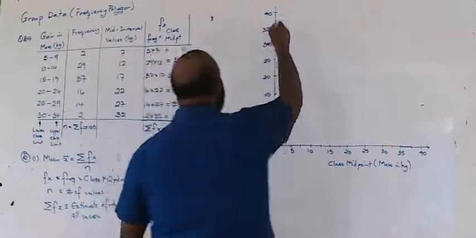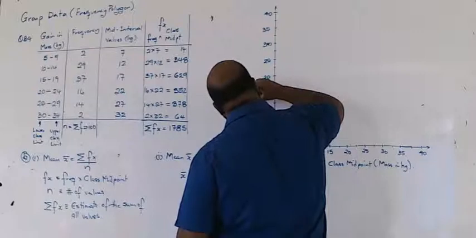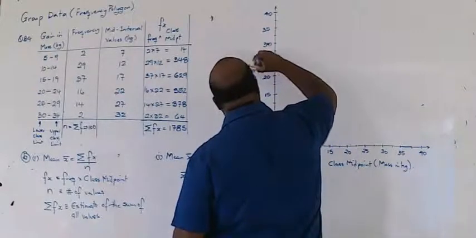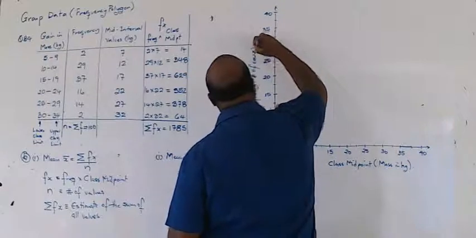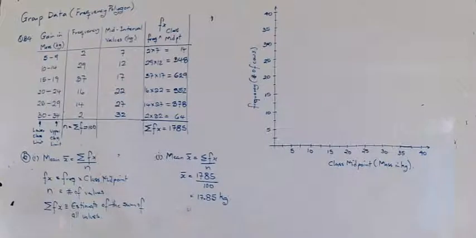Alright, over here is the frequency. And in this instance, this is the number of cows. So everybody draw the axes.